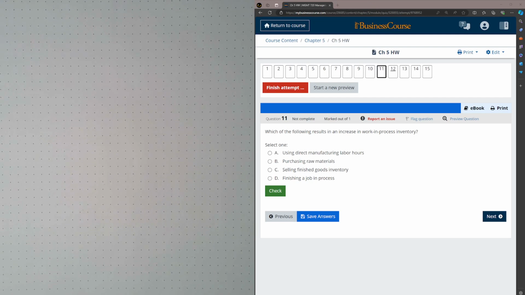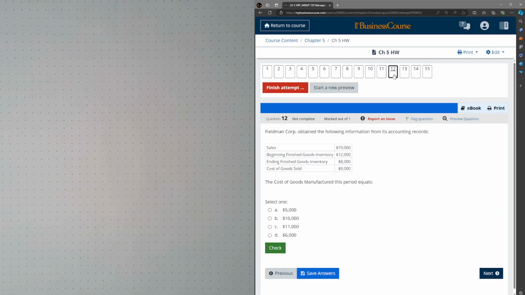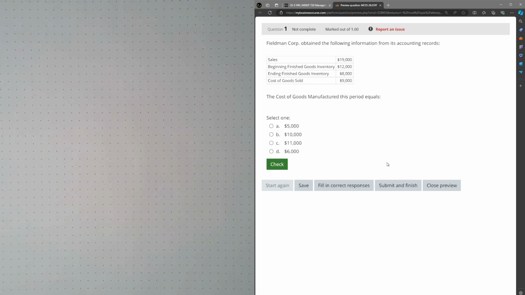Okay, we're going to look at 12 now. And this is, so that the previous, not the last one, the one previous, that was the one job costing one. And now we're back to looking at being able to analyze inventories. So here we have the following information.